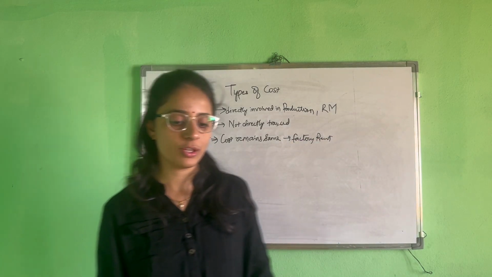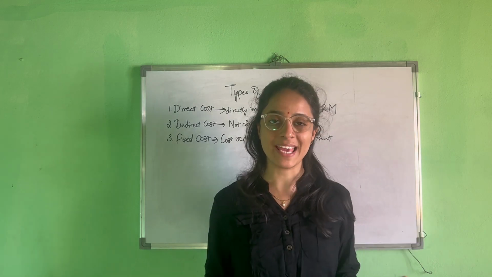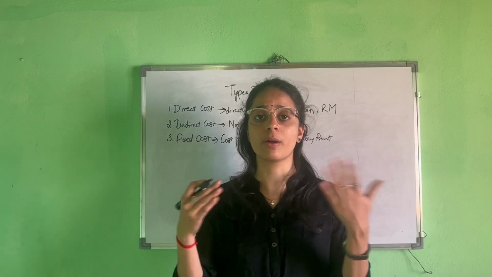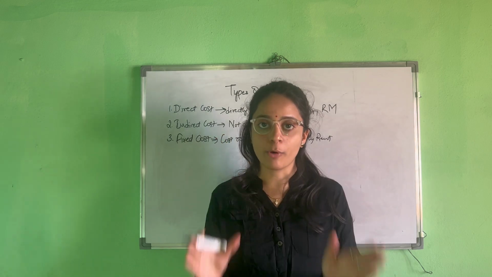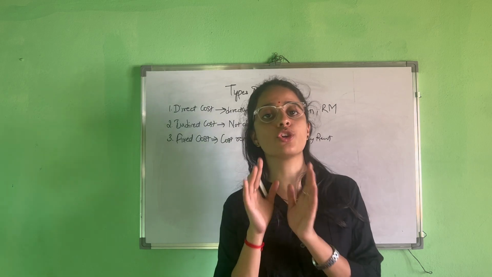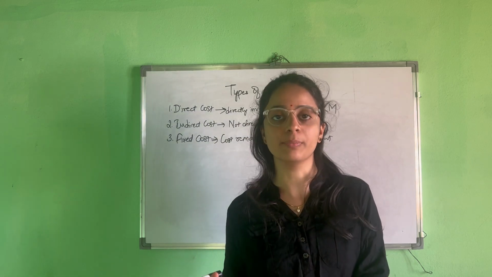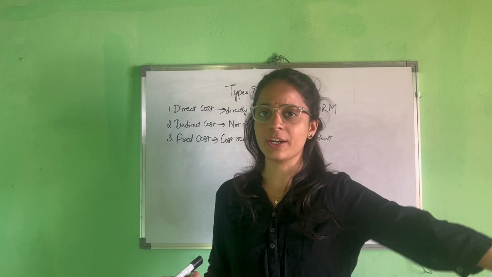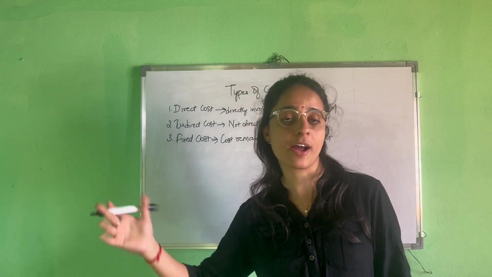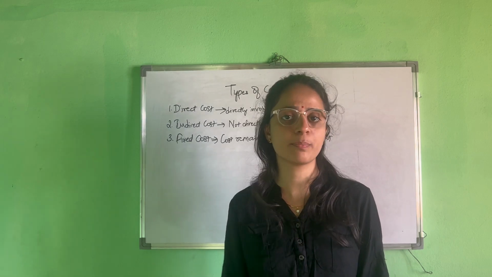Just imagine you have taken up a small space for a production process, maybe for papad or making of agarbatti. Your production process has been stopped for 1.5 months. Do you think your owner will tell you, oh, your shop was closed or your production was closed, don't pay me rent for that period?